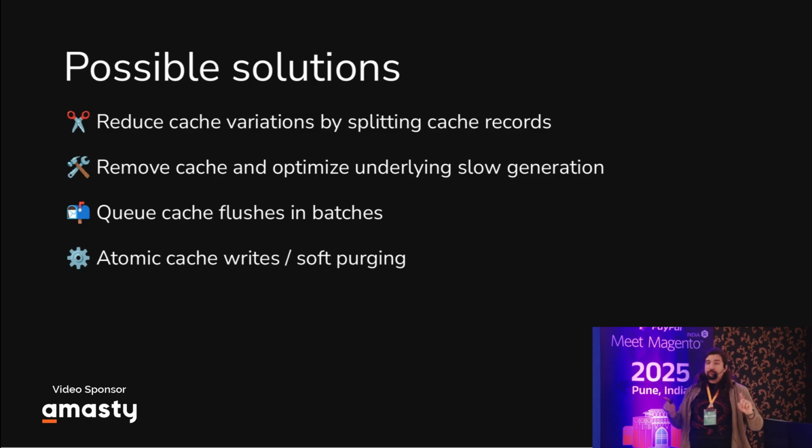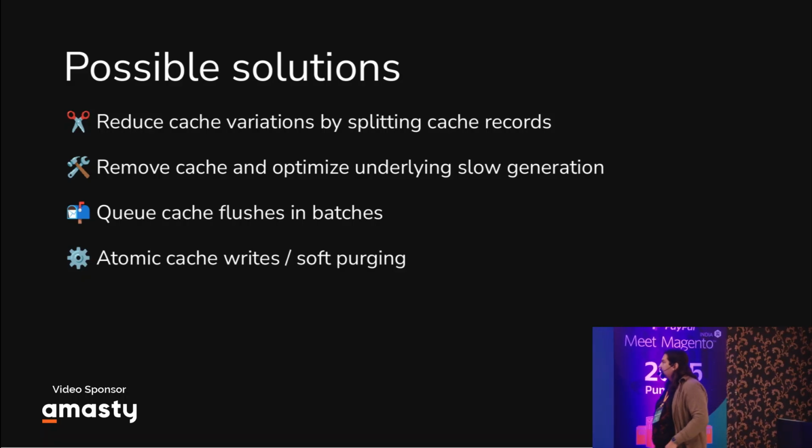So you have like 99% the same data. The only difference is this small attribute variation. So what you should do in this case, you shouldn't have one big piece of cache. You should slice it into smaller parts. One that doesn't change based on a lot of variations, and another one that is going to be changing a lot. And that other part, maybe you don't even need to cache.